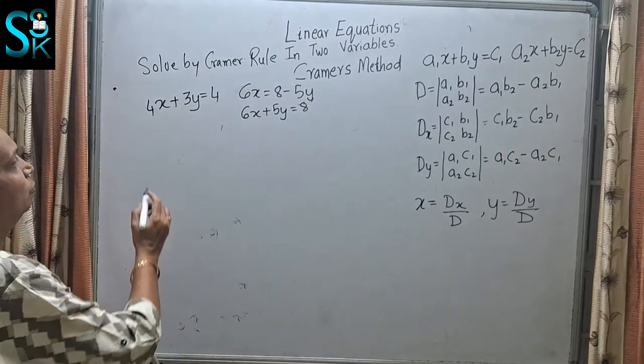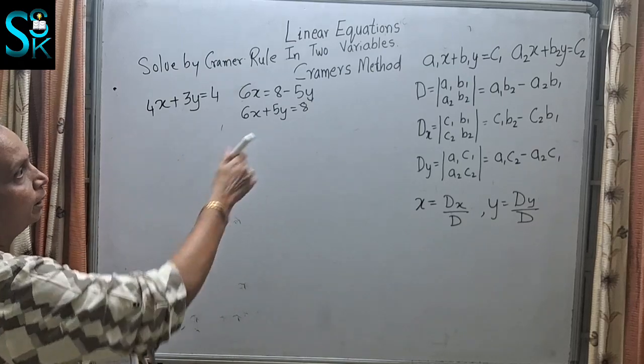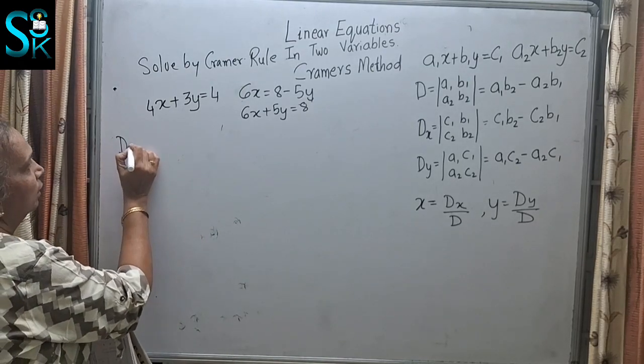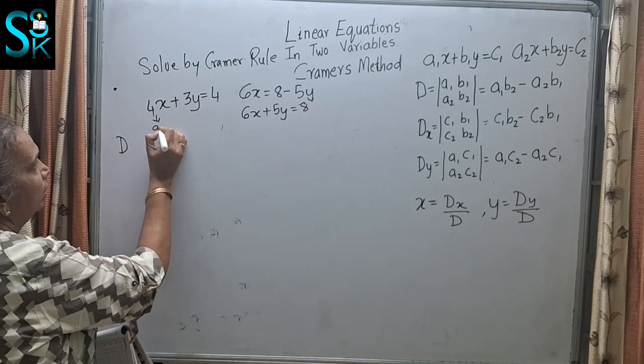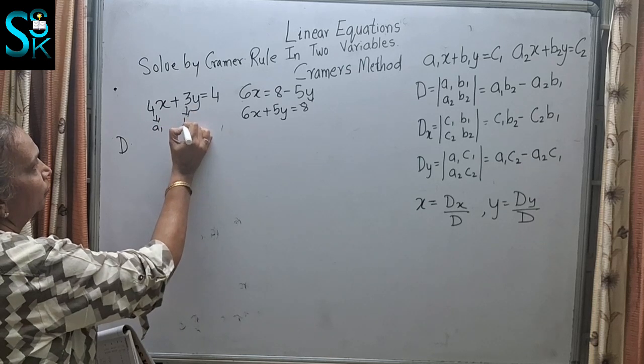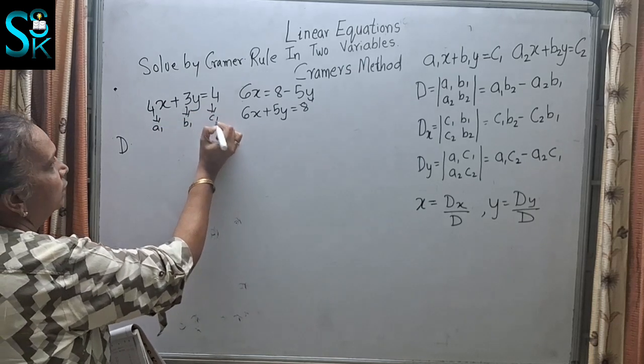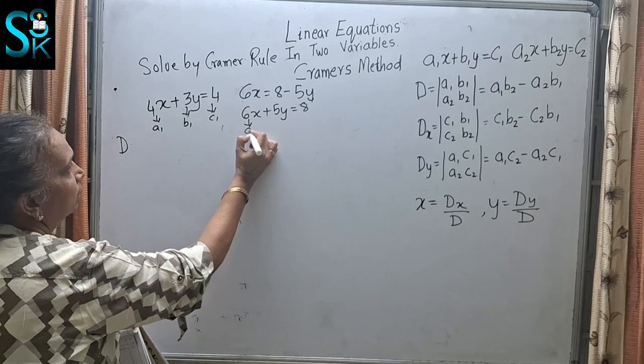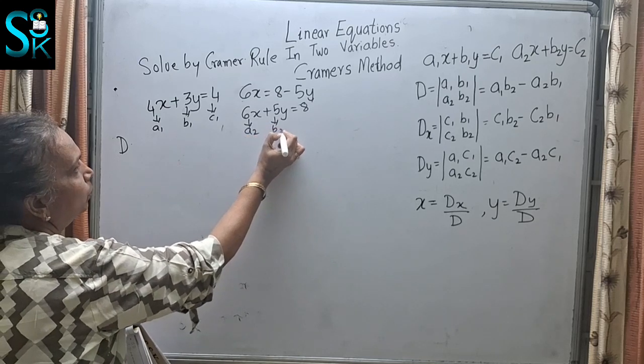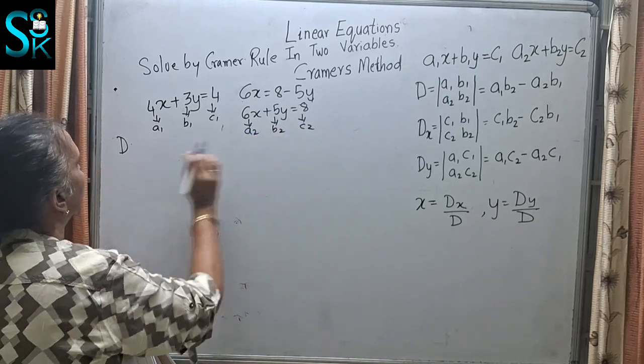Okay, so now we are going to write it in the form of D. First you take this as A1, this you take as B1, this you take as C1. This is A2, B2 and C2.